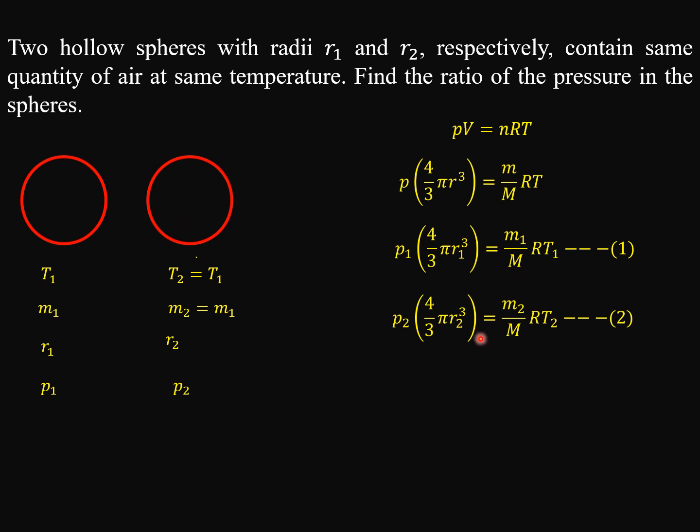If you look at these two equations, you can see that P, R, m, and T have the subscript 1 for the system of gas in sphere number 1, and P, R, m, and T have the subscript 2 for the system of gas in sphere number 2.